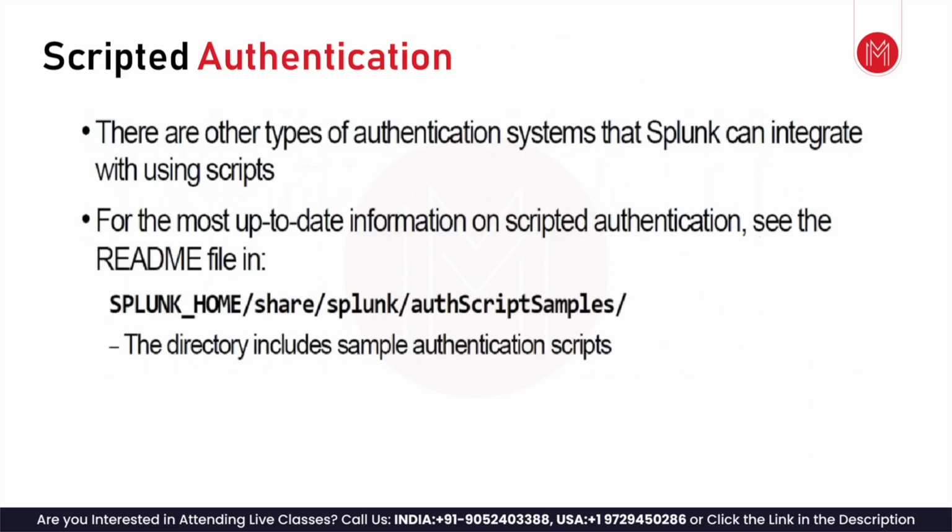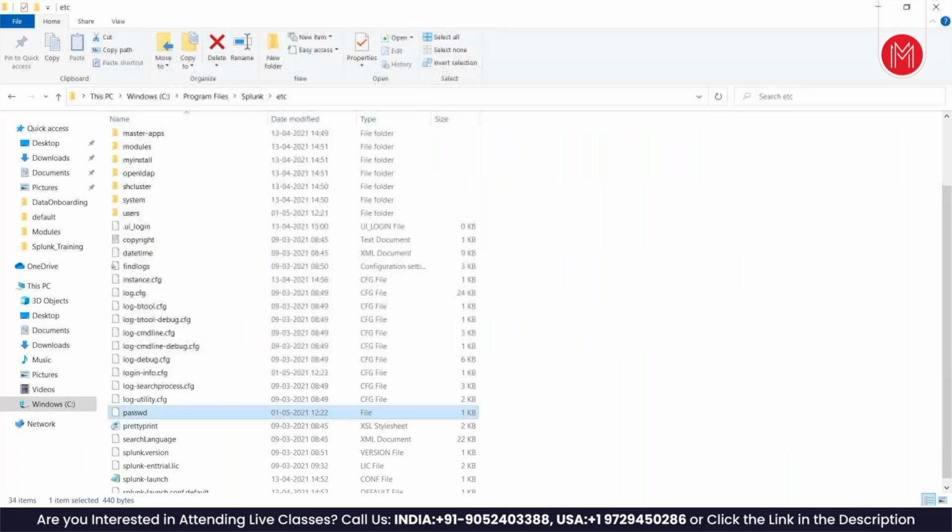And you are also having scripted authentication. So there are other types of authentication systems that Splunk can integrate with using scripts. So what types of scripts? For the most up to date information on scripted authentication, you can see the readme file in share/splunk/authScriptSamples.